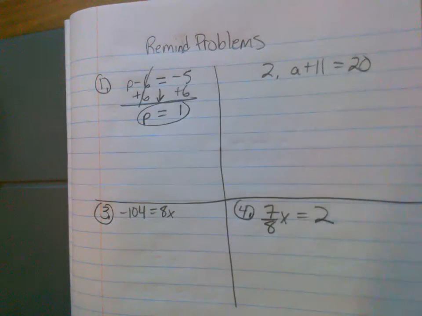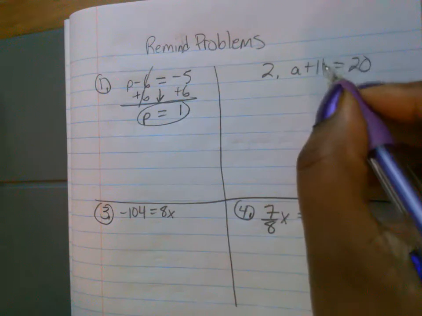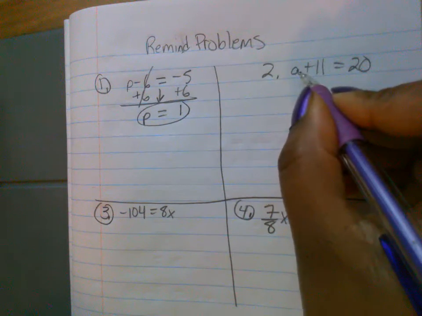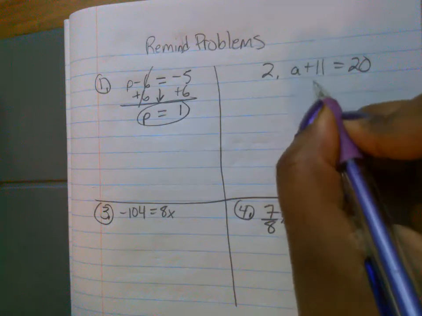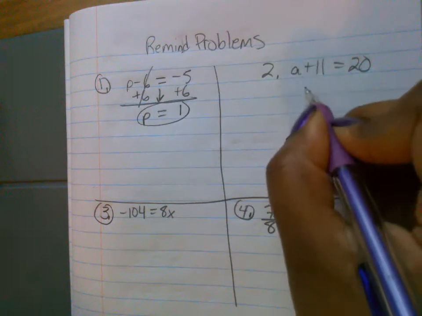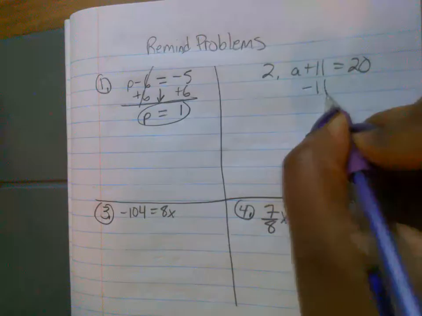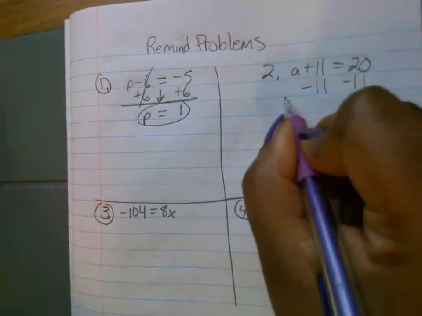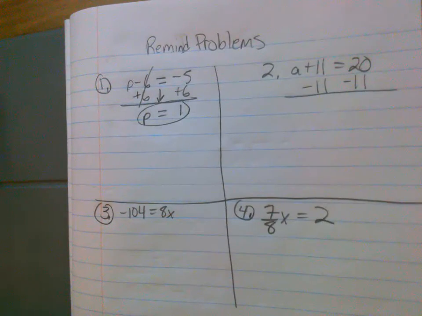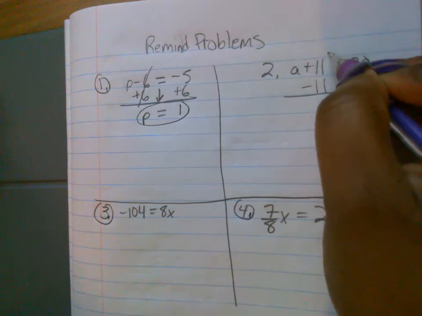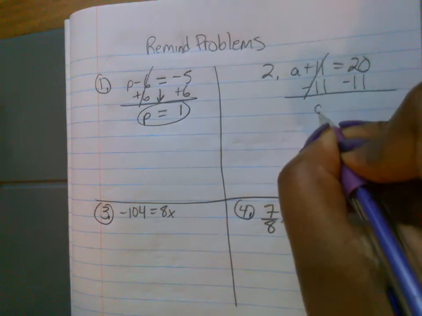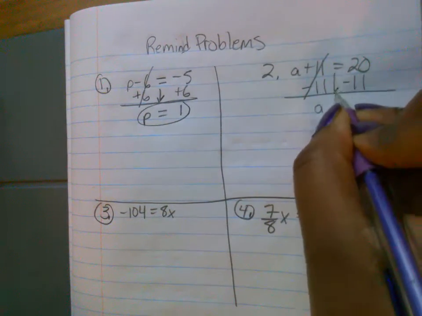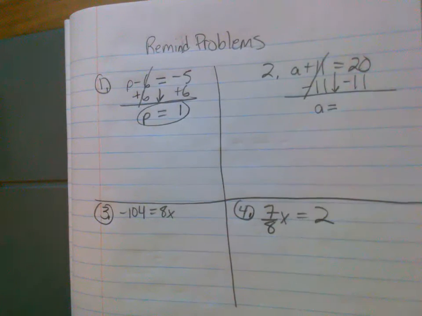Here, to get A by itself, you want to isolate A again, so it's a one-step equation, by getting rid of the 11. The opposite of adding 11 is to subtract 11. That will eliminate 11. When you subtract 11 on both sides, this is 0 here, and we're left with A. So I'm going to bring down the A and the equal sign.